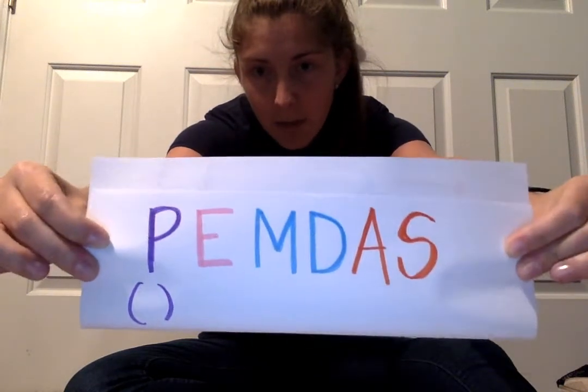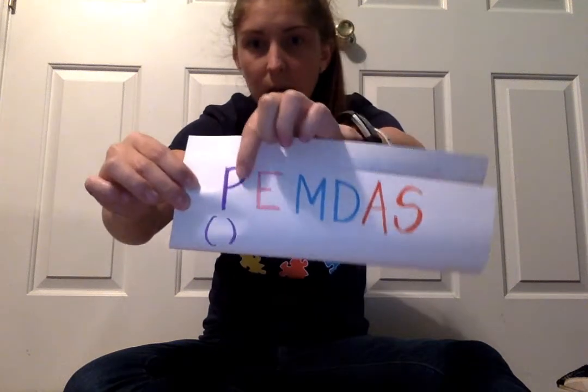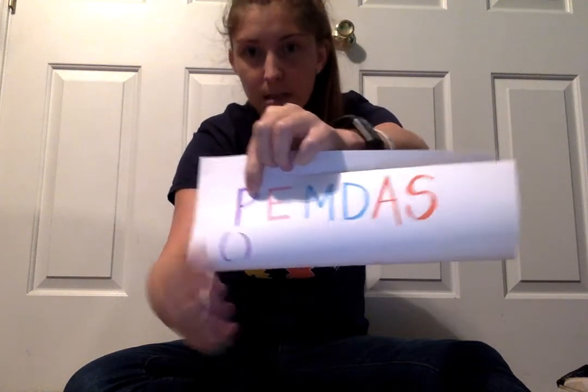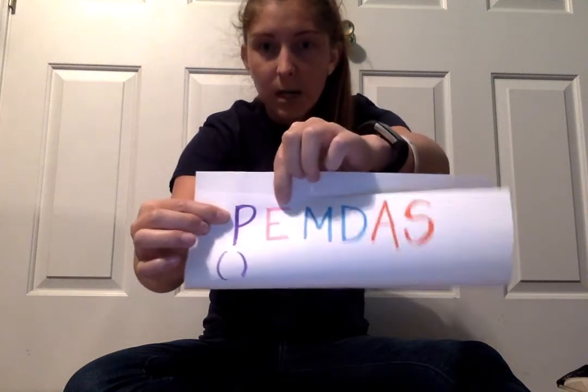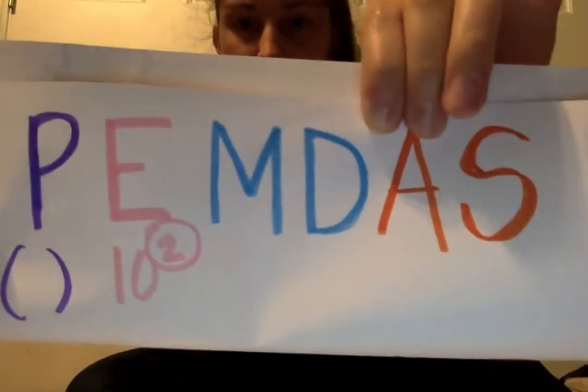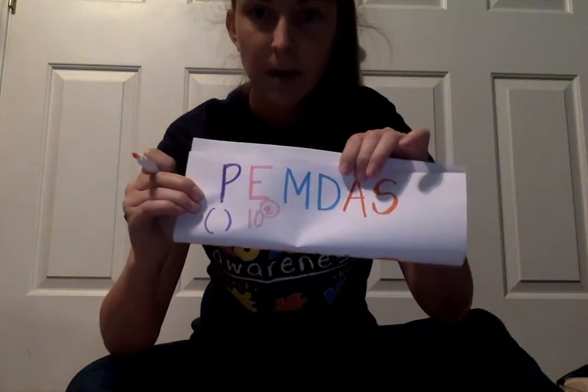And when we talk about PEMDAS, the P over here, as you can see I've written below it, stands for parentheses. The E right here stands for exponents, and we know that exponents look like this. So it's that little 2 right there above the 10, that's an exponent.